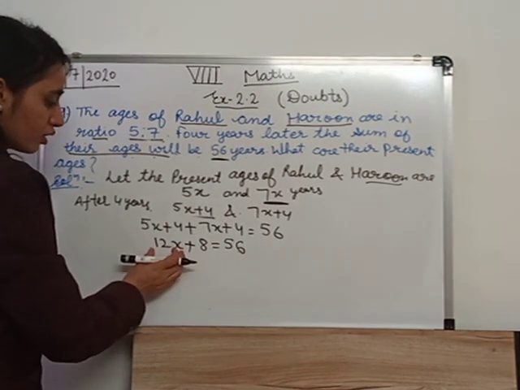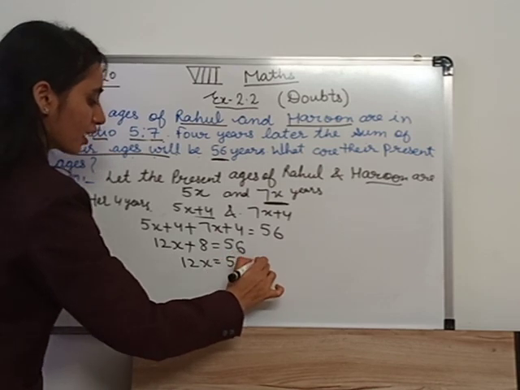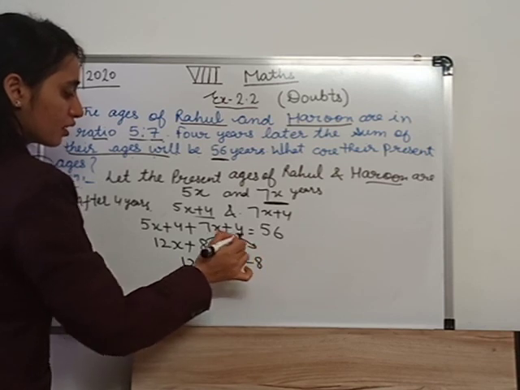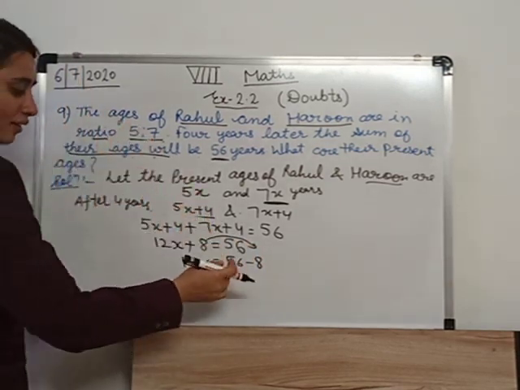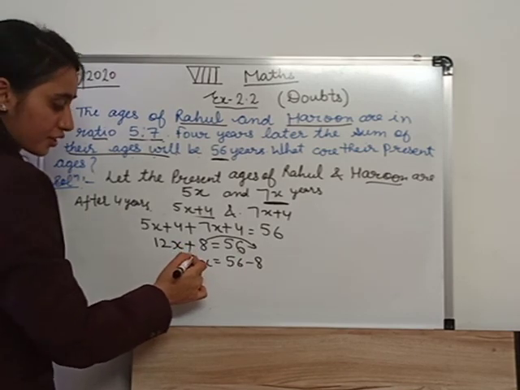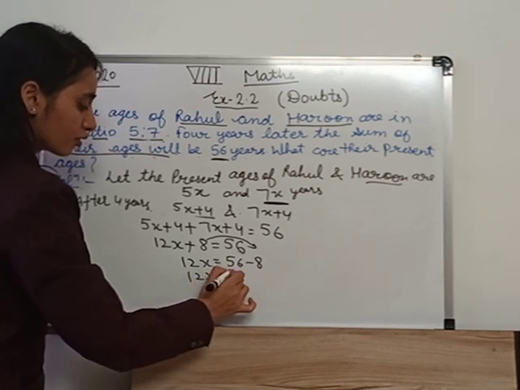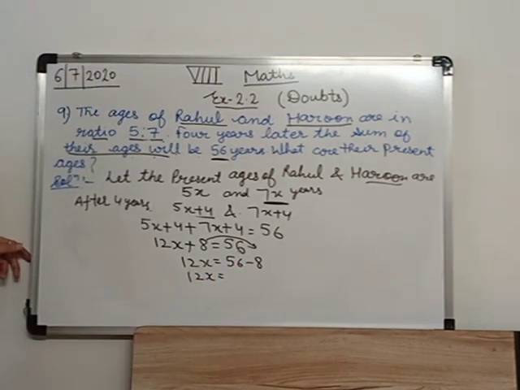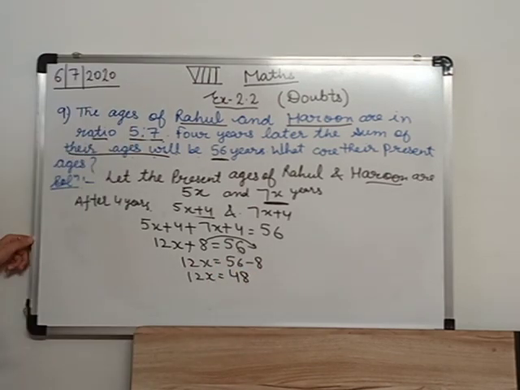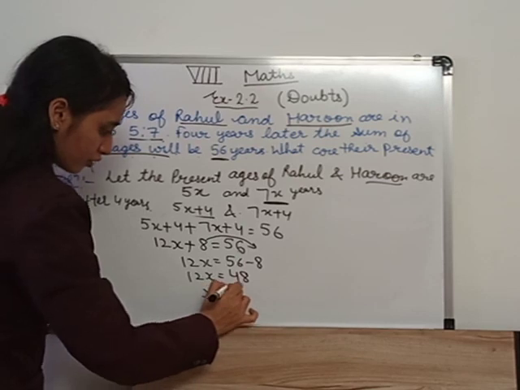Now 12x is equal to 56 minus 8, because by the transposing rule, plus 8 when shifted to the right side changes its sign from positive to negative. Now 12x is equal to 56 minus 8, which is 48. Now solve this value.